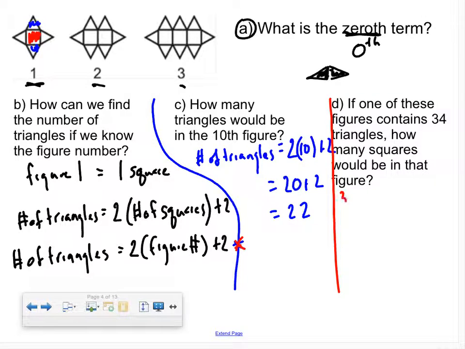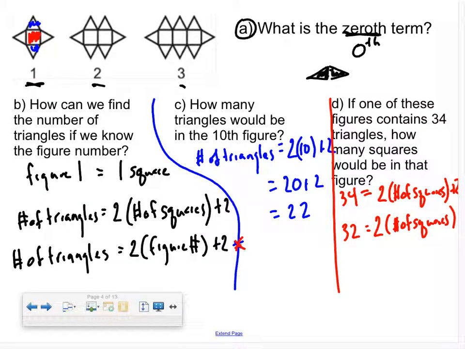So 34 equals 2 times the number of squares plus 2. Subtract 2 from both sides, and I get 32 equals 2 times the number of squares. And I will get 16 equals the number of squares.